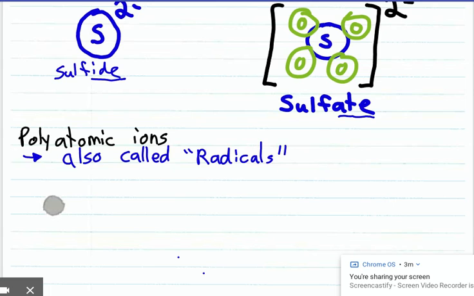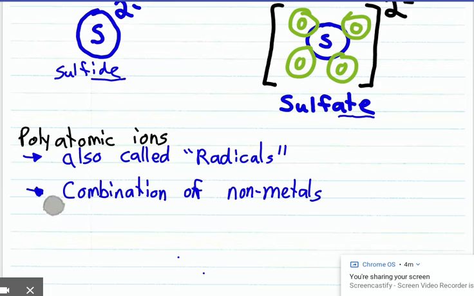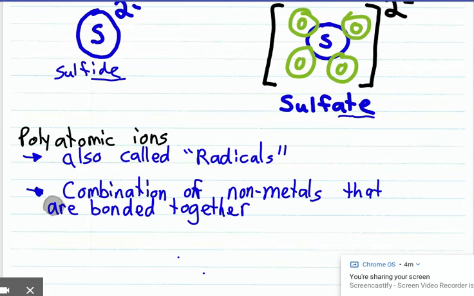Okay. And what I said already, they are a combination of nonmetals that are bonded together and have an ionic charge.